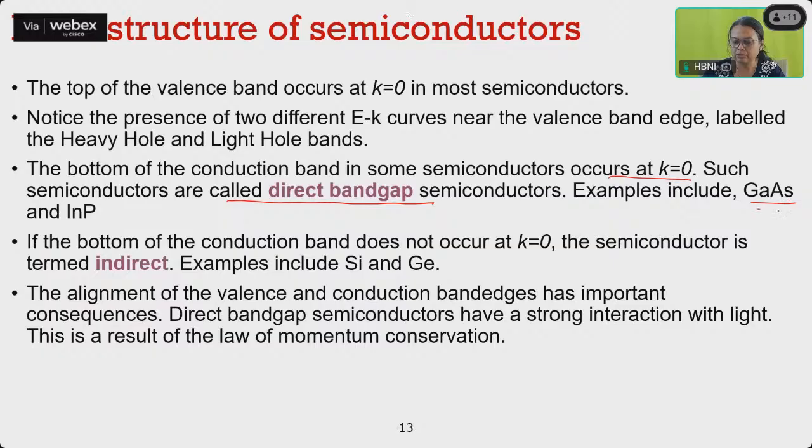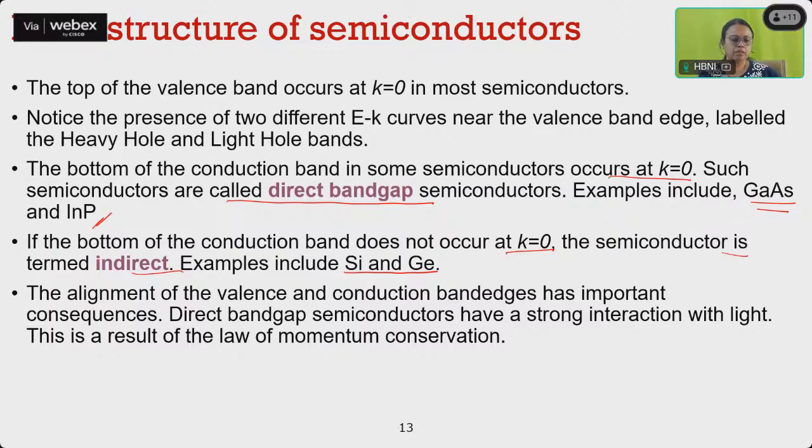This is gallium arsenide, indium phosphide. But if the bottom of the conduction band does not occur at k equal to 0, the semiconductor is called indirect. Silicon and germanium, the most abundant and mostly used semiconductors, are both indirect gap semiconductors.